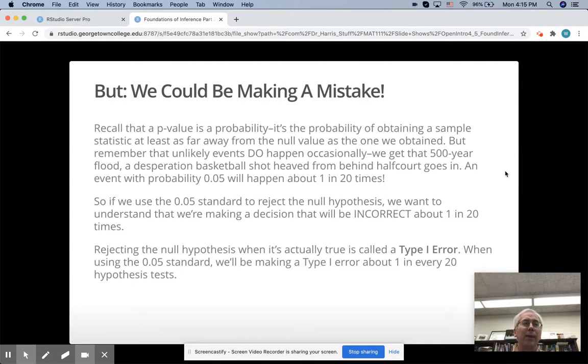Okay, so let's again talk a little bit more about what exactly is going on here. P-values are probabilities. We're always calculating a probability associated with the likelihood of obtaining the statistic that we did, or one farther away. And so there's a continuum of values. The probability could be any number between 0 and 1.